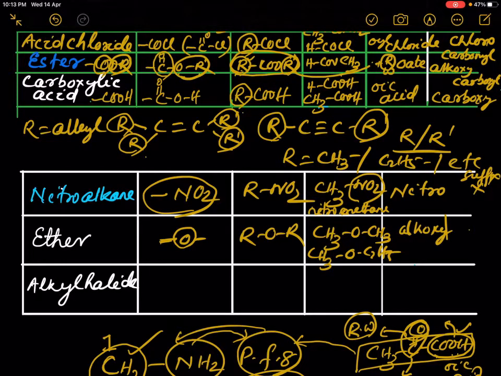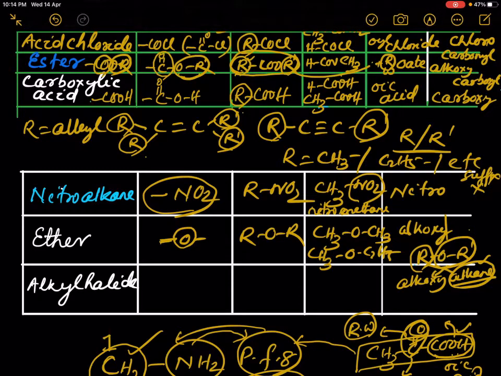Here R, OR dash. Suppose this is alkoxy, and this is alkane. Alkane is the parent chain, so it should have more carbon atoms than this alkoxy group.